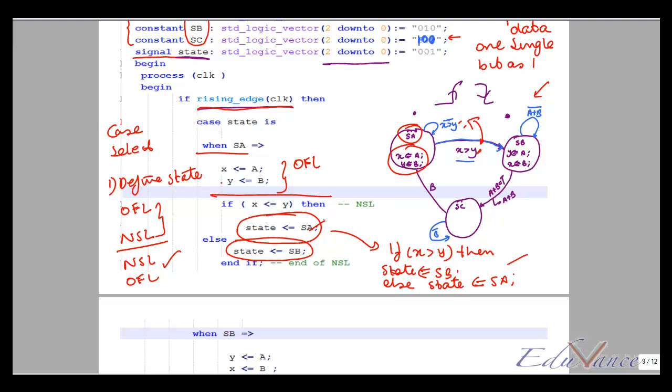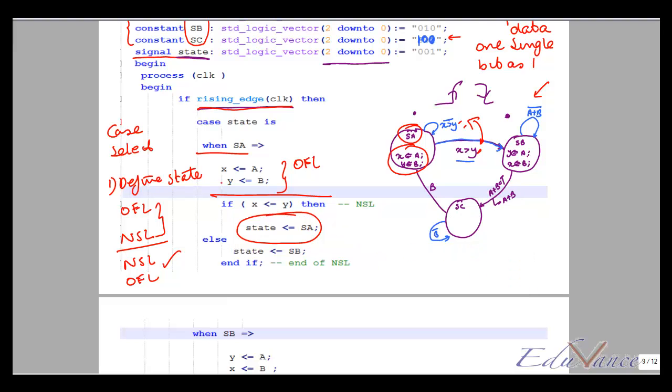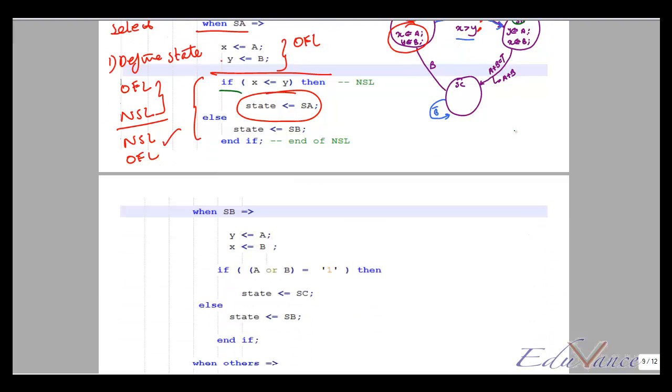Okay, so what I would like you to understand here is the NSL, or the next state logic, is written as an if-else statement. Okay, now similarly I will define for SB. So let's look at that.